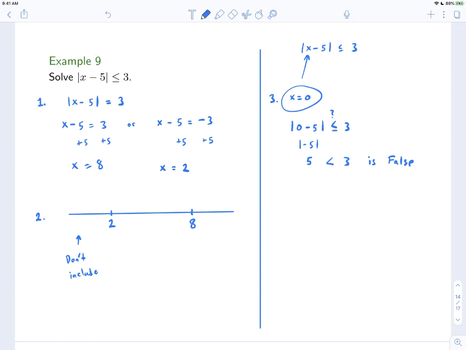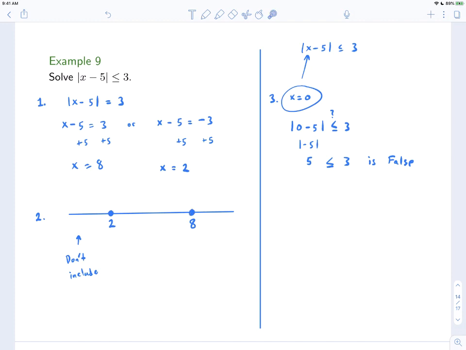We don't have to worry about the equalities so much because the equalities are 2 and 8. We're definitely going to include those, so I should have made those filled circles like so.